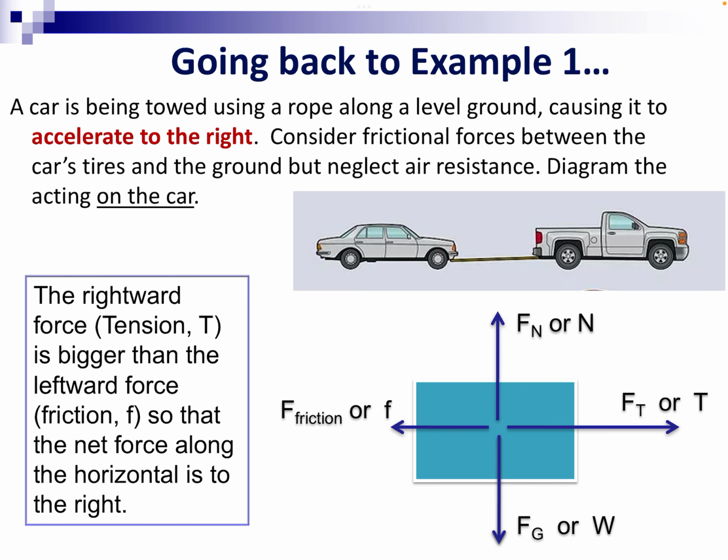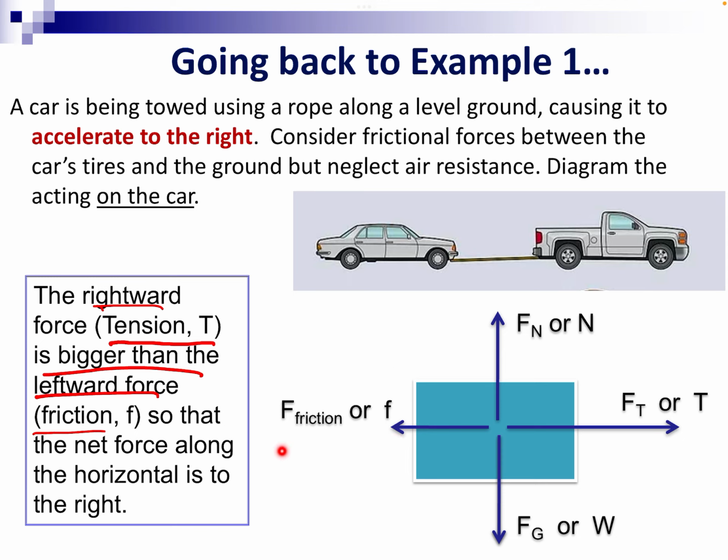Okay. So going back to the example of the car being towed, and the free body diagram that we drew earlier, assuming that the size of the arrows here is drawn correctly to represent the magnitude of the individual forces, we can see that the rightward tension force is bigger than the leftward frictional force, right?